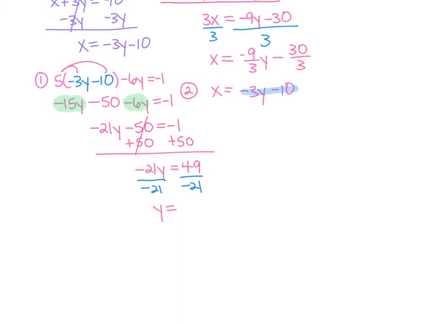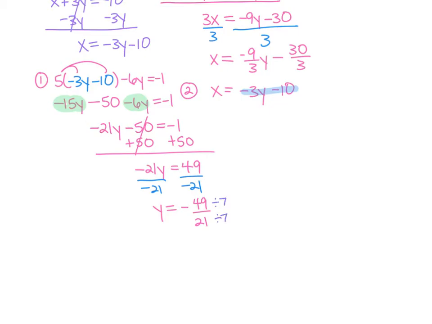So it is a negative number because it's a positive divided by a negative. So I'm just going to write negative and then 49 over 21. We do want to reduce it if possible. So what's a common factor between 49 and 21? The answer is 7. So we're going to divide each by 7.